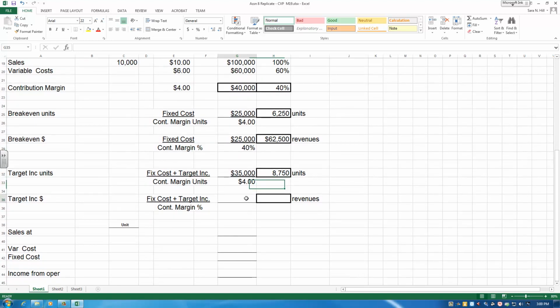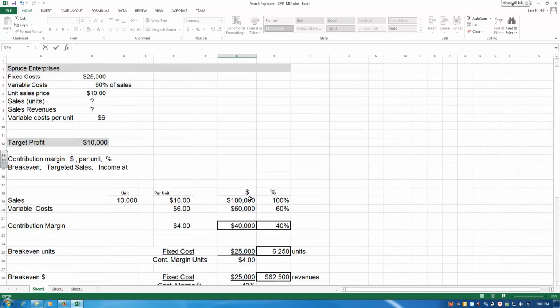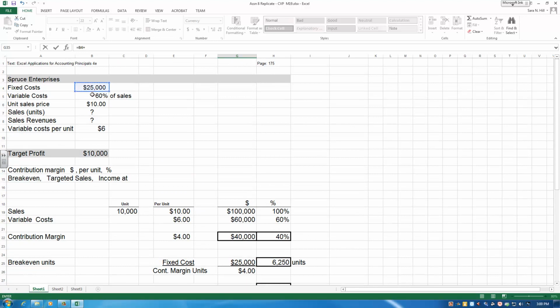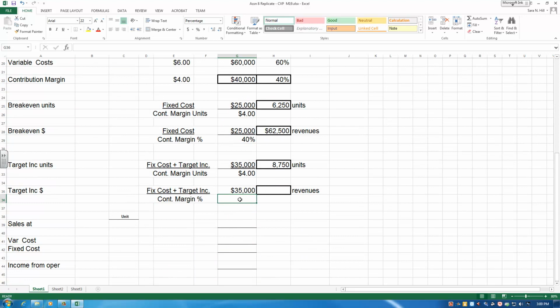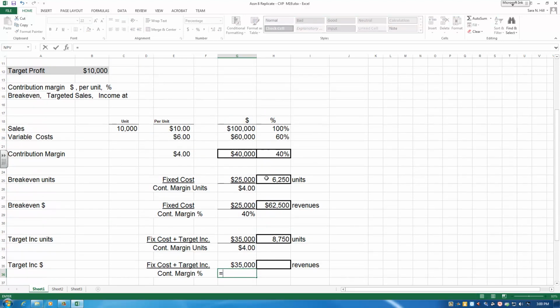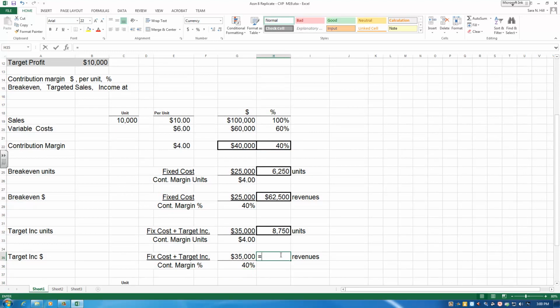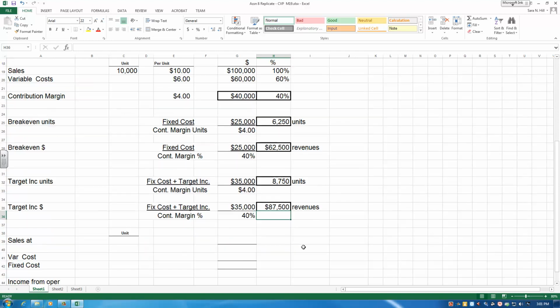If we want to see that in terms of revenues, we'll take that same numerator, grab our contribution margin percentage, build that formula, G35 divided by G36. That comes out to 87,500 in revenues.